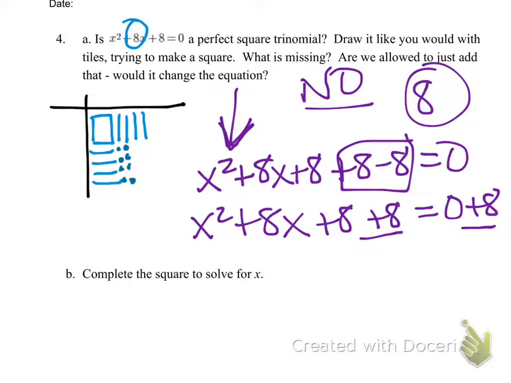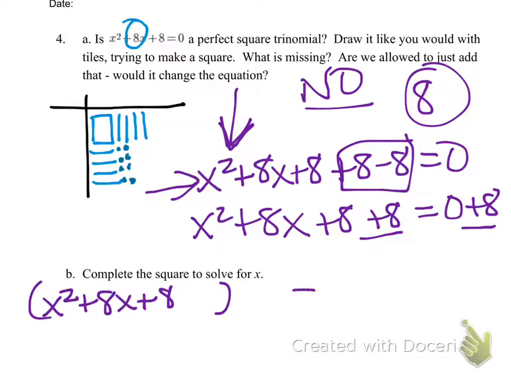So now let's look at how we would actually complete the square to solve. I'm missing an 8, so again, I'm going to use this one here. I have x squared plus 8x, and then my original was plus 8, but I'm missing something, so I leave a space there.